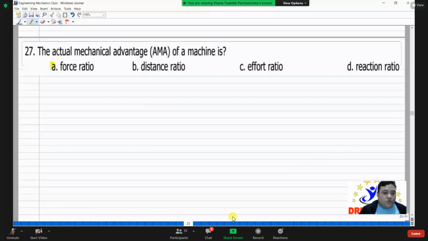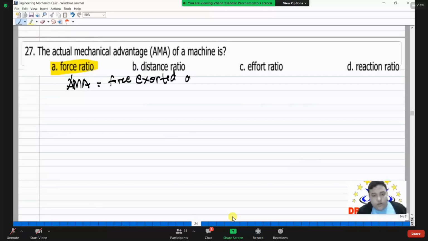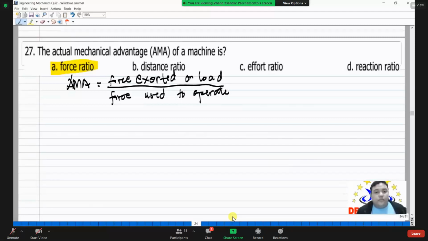AMA is known as the force ratio, where AMA is the actual mechanical advantage, equal to the force exerted on the load all over the force used to operate the machine. That is the actual mechanical advantage.